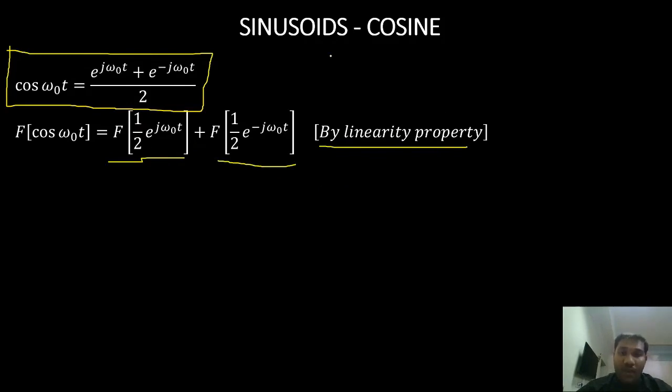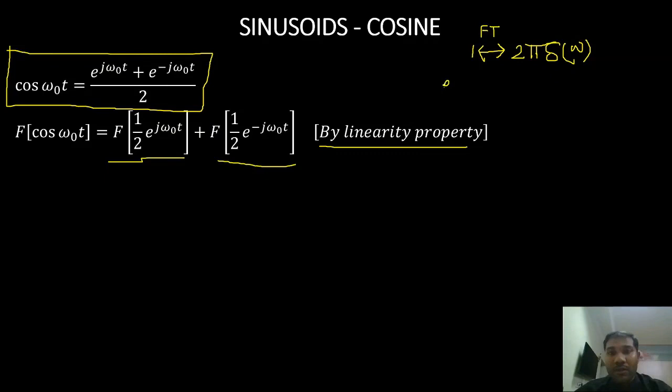Now I know the Fourier transform for 1. We have done this in the constant Fourier transform. For 1, the Fourier transform is 2 pi into delta of omega. Now, if I have a phase shift on the time domain side, there will be a corresponding frequency shift in the Fourier domain.